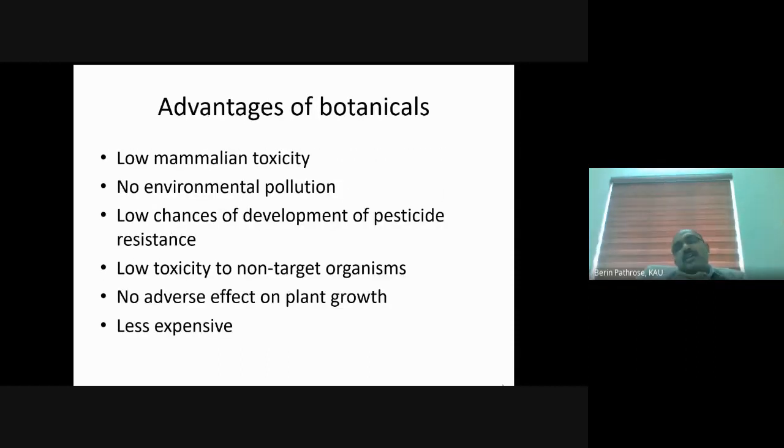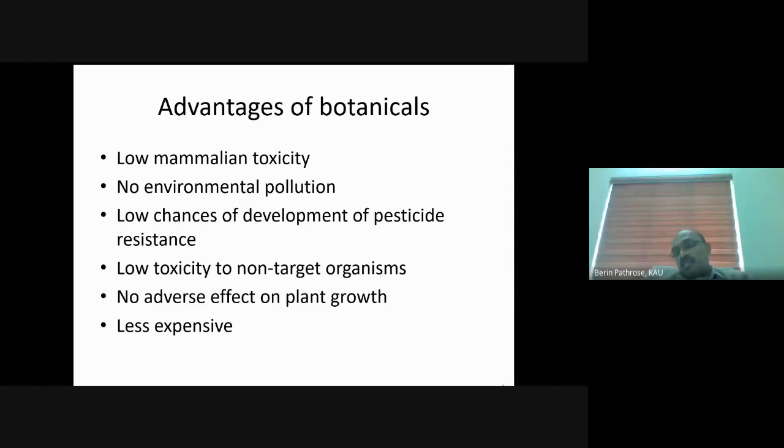Coming to the advantages of botanicals, as you may all know, they have low mammalian toxicity. That is extremely well known to you. Very low mammalian toxicity is there with most of the botanicals, and very low environmental pollution. Sometimes we can say there is no environmental pollution at all, because all these are naturally derived materials, and their stability in the outside environment is extremely low.